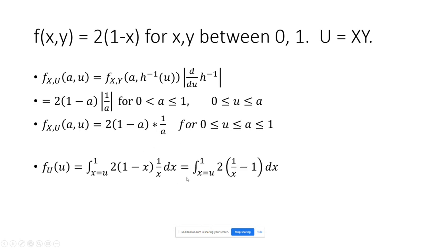And when you do this integral, we can start by multiplying the 1 over x inside the parentheses. And then take the antiderivative, we get 2 times the quantity natural log of x minus x. And we're evaluating that at u and at 1.